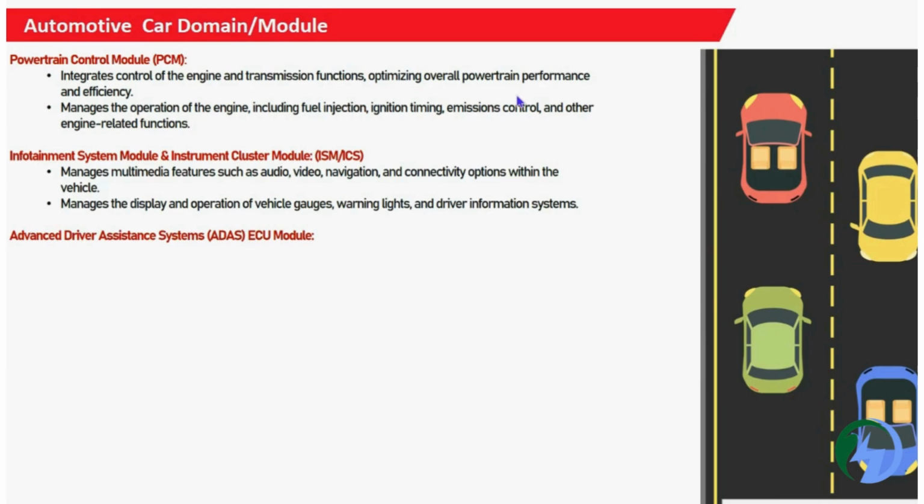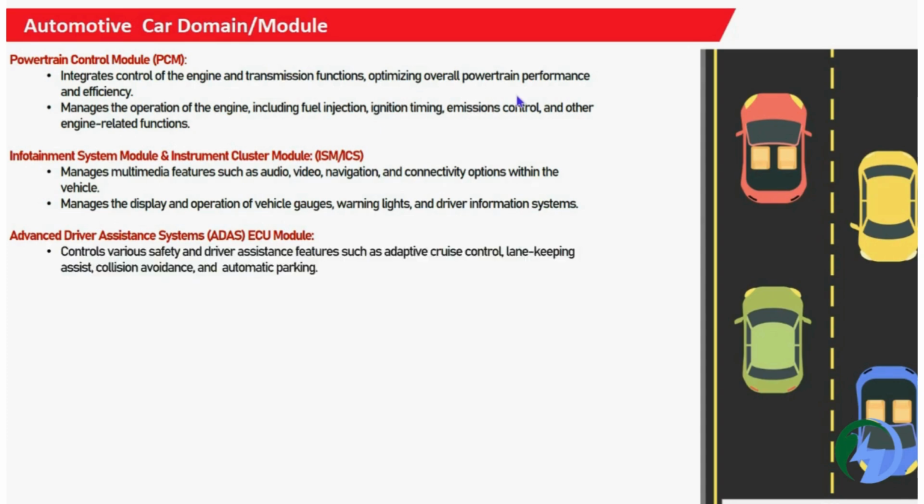And for some part of the autonomous driving needed, the ADAS module, the ADAS ECUs, generally play a major role. ADAS means advanced driver assistance system, where the driver needs some attention when driving on the road.